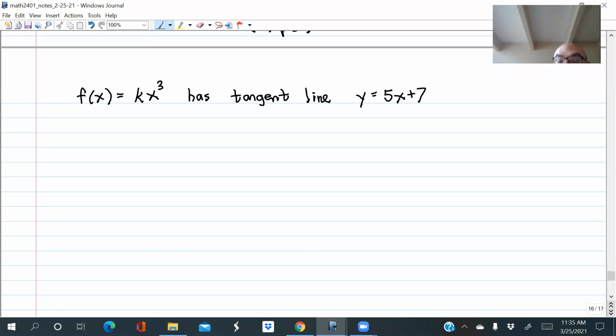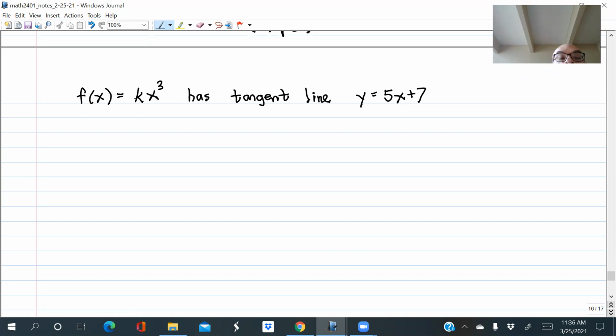Let me adjust the screen here a little bit so I can write. This is not the last problem, I don't think, but it's close to the end of that homework. You might have had a slightly different version of this problem. I didn't write the whole problem, but here's what it said. They give you this function, f of x is kx cubed.